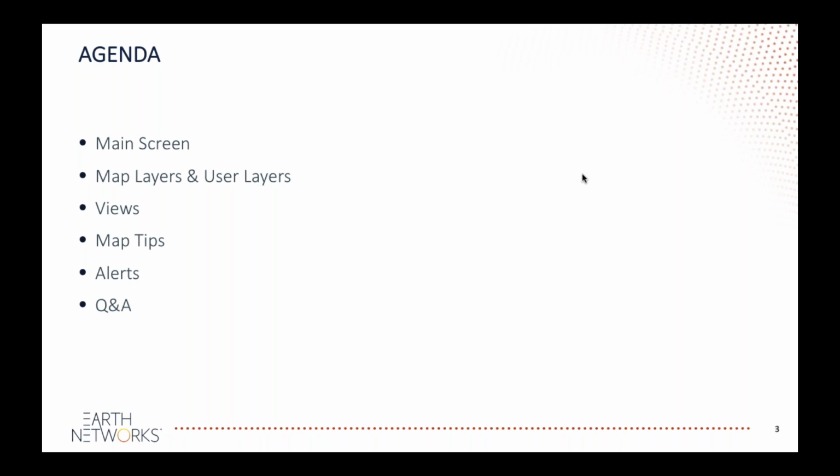We'll talk a bit about the power of views and setting those up. There's something called map tips, which are a lot of the detailed data around data points that you select within the map. And we'll go into our alerts and notification functionality. And then finally, we'll open it up to Q&A where we didn't address those questions during the session.